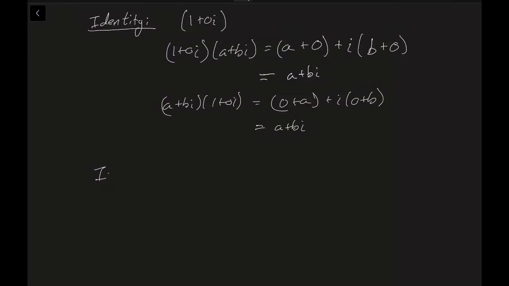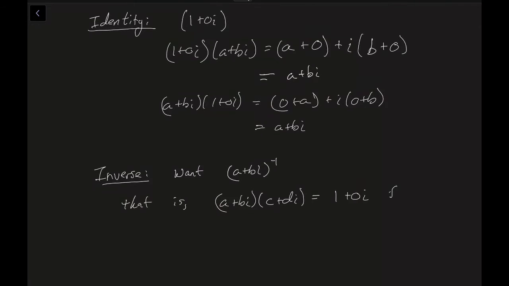Now that we've shown that 1 plus 0i is the identity, let's go ahead and find an inverse for any arbitrary element a plus bi. So we want a c plus di such that when we multiply it, we get 1 plus 0i.